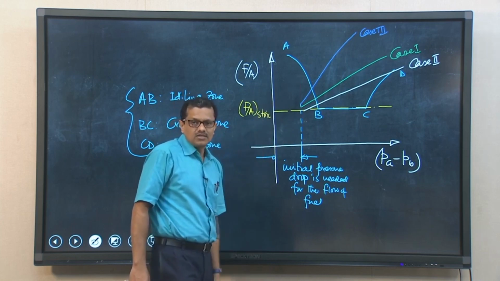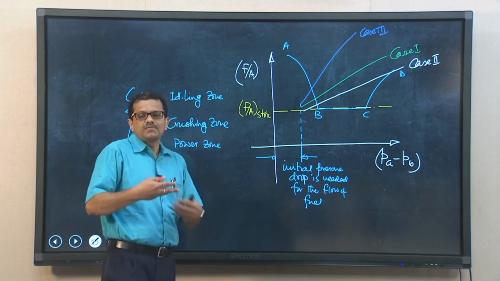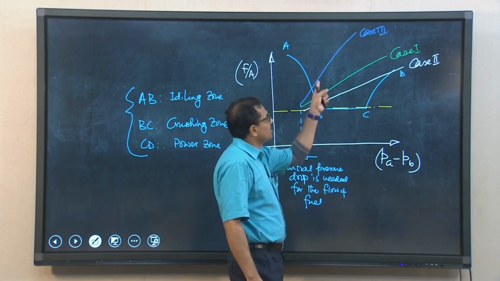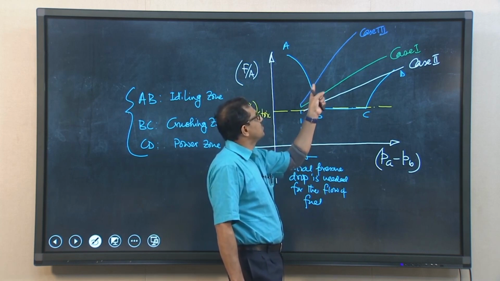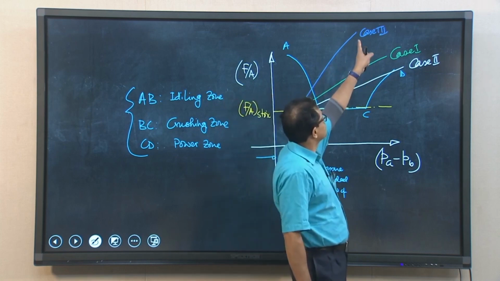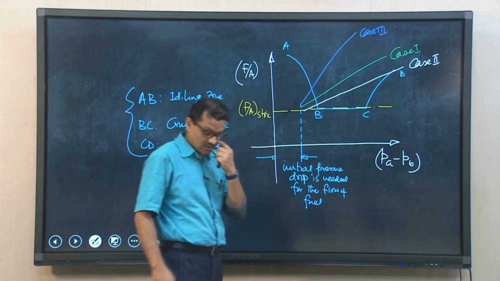So, I can say it is one of the limitations. Similarly, if we somehow design the carburetor to supply adequate fuel air ratio during the idling zone, if we look at case 3, then you can see the fuel air ratio supplied during the cruising zone as well as during the power zone is far too rich a mixture. So, it is unnecessary wastage of fuel.